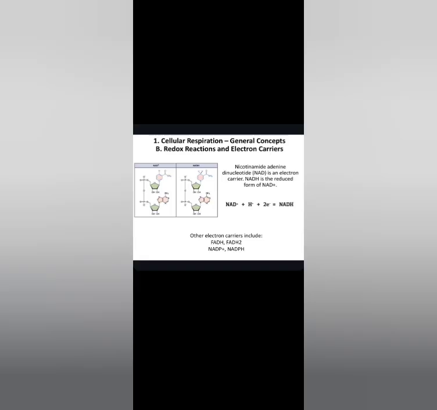This is the oxidized form of the electron carrier. NAD+ can be reduced, meaning it can gain electrons, something like this. NAD+, 2 electrons and 1 hydrogen ion, making NADH. This is the reduced form of this electron carrier.